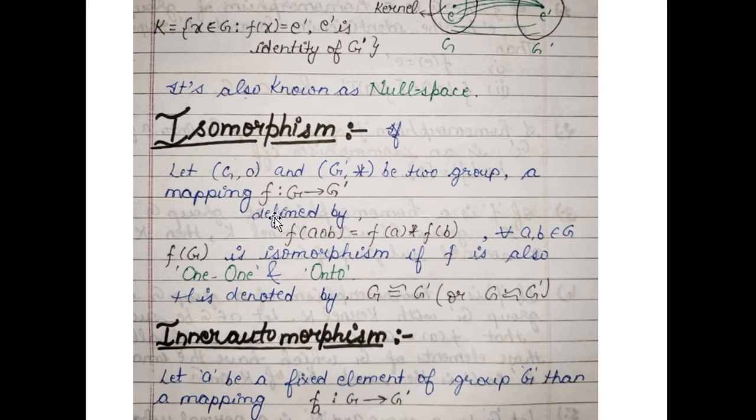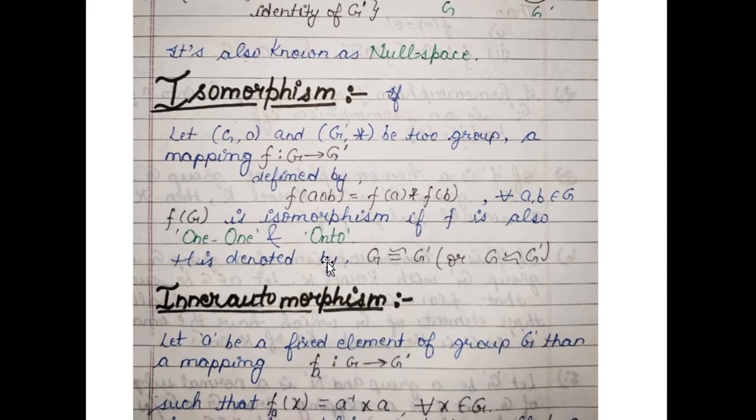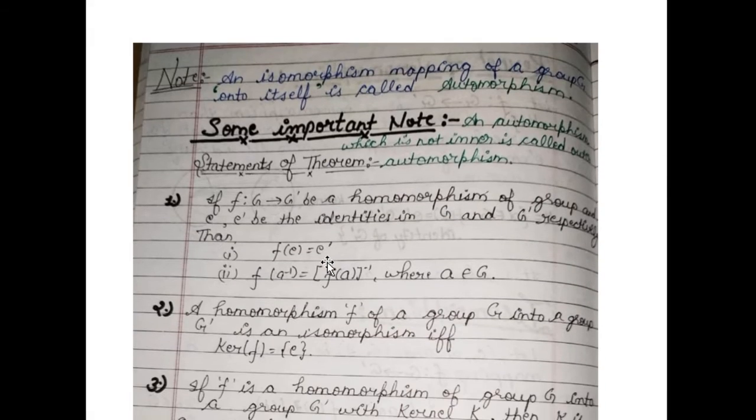So easy to say, if this mapping f is one-one, onto and composition preserving, then that type of mapping is called an isomorphism mapping, and these two groups are called isomorphic groups, denoted by this. Now we have an isomorphism of a group onto itself. We have previously defined isomorphism over G and G'. If G' is equal to G, then that type of mapping is called an automorphism. We will discuss it in this chapter.